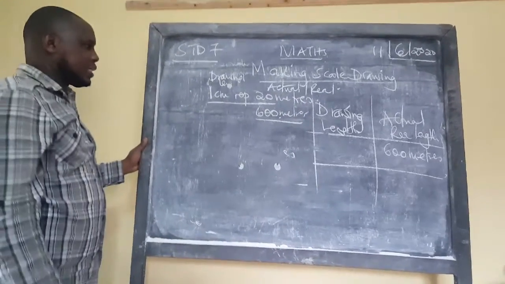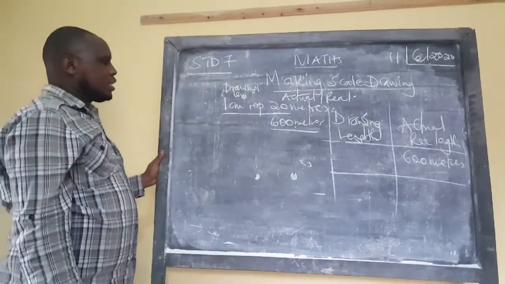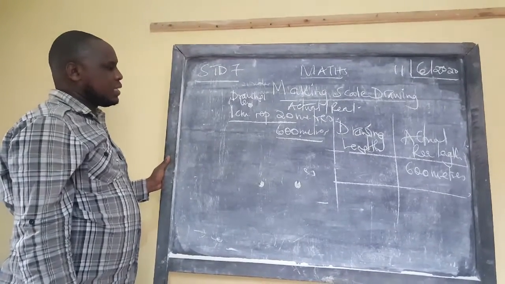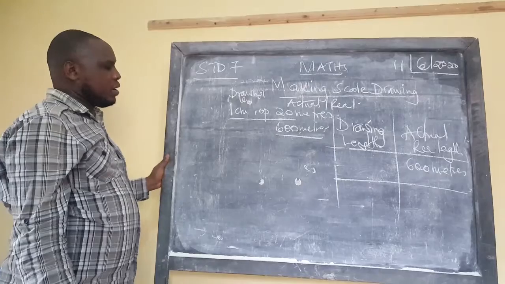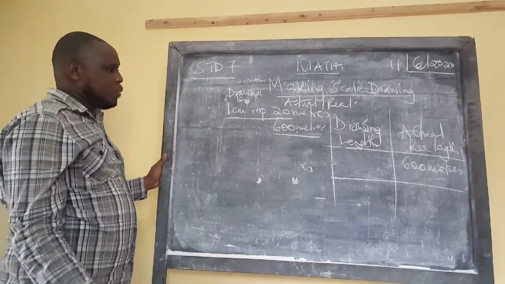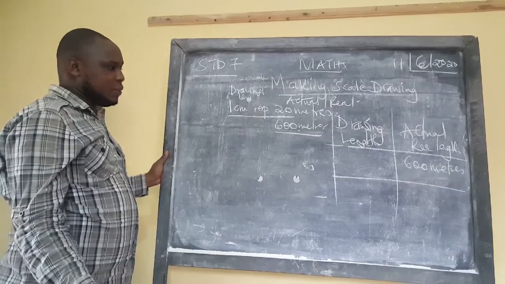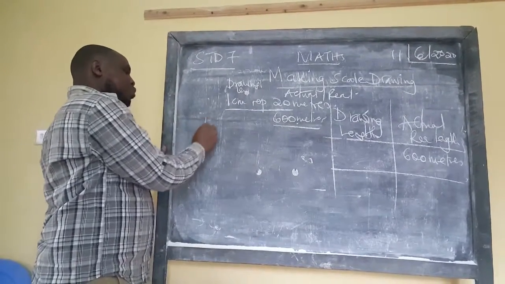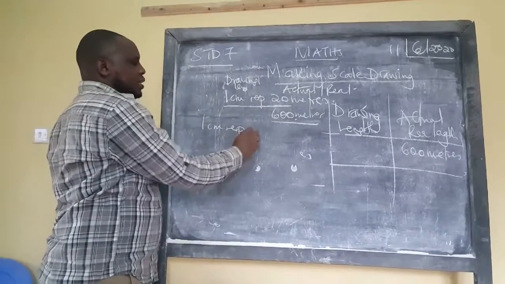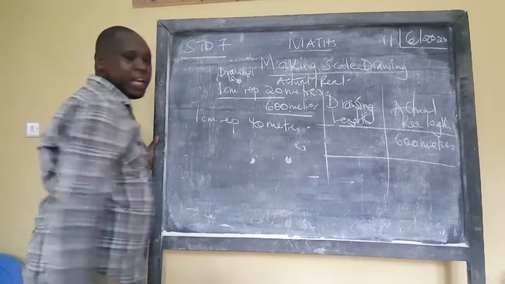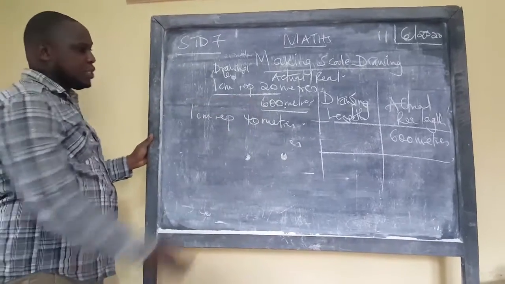What if we use a scale that says 1 centimeter represents 30, or even 40 meters? Is it possible? Let's see. Let's choose the scale to be 1 centimeter represents 40 meters, and see how many centimeters we are going to draw to represent 600 meters, because that is our real length.